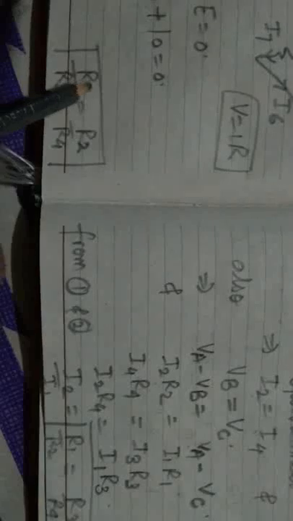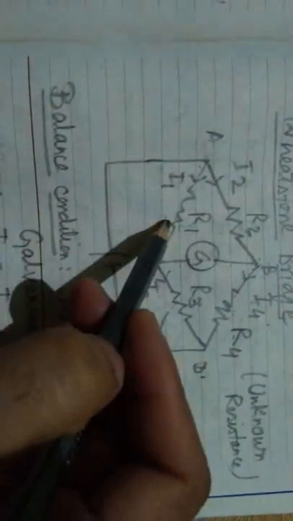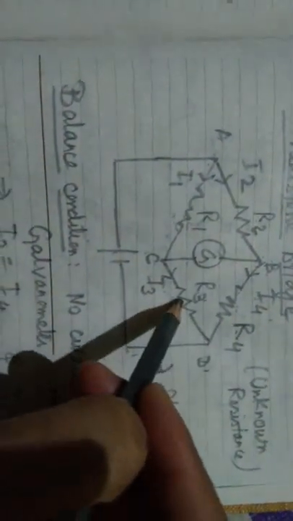It doesn't make much difference, but what we understand is that the ratio of adjacent resistances is the same. So R2 by R1 is equal to R4 by R3, or R2 by R4 is equal to R1 by R3. You have to remember that in a balanced Wheatstone bridge, the ratio of adjacent resistances is the same. Always remember this.